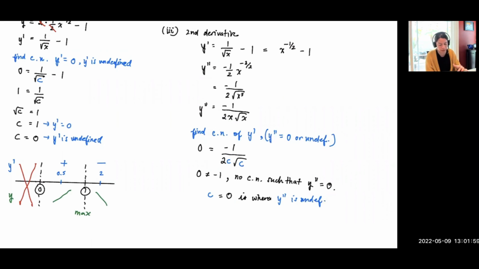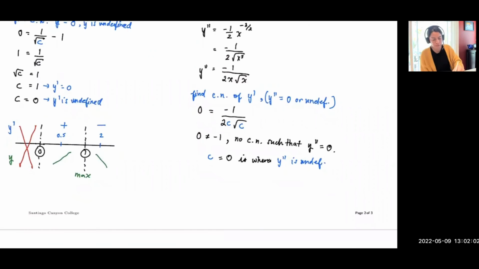However, we can only test, so when testing, we'll put 0 here as the critical number, circle it. And once again, we'll test y double prime, which will tell us the behavior of y, the original function. The domain of this function doesn't include anything to the left of 0, so we don't care. We only care what's happening on the right of 0.